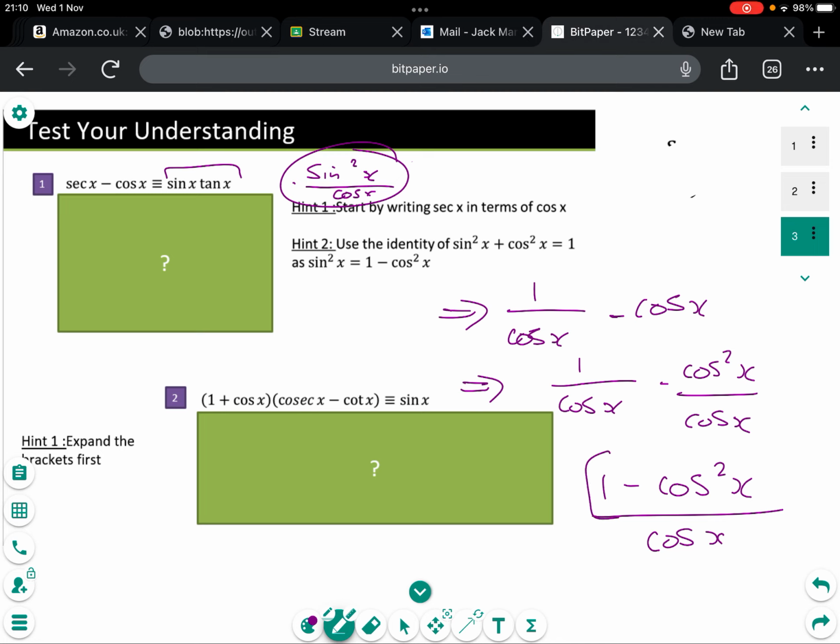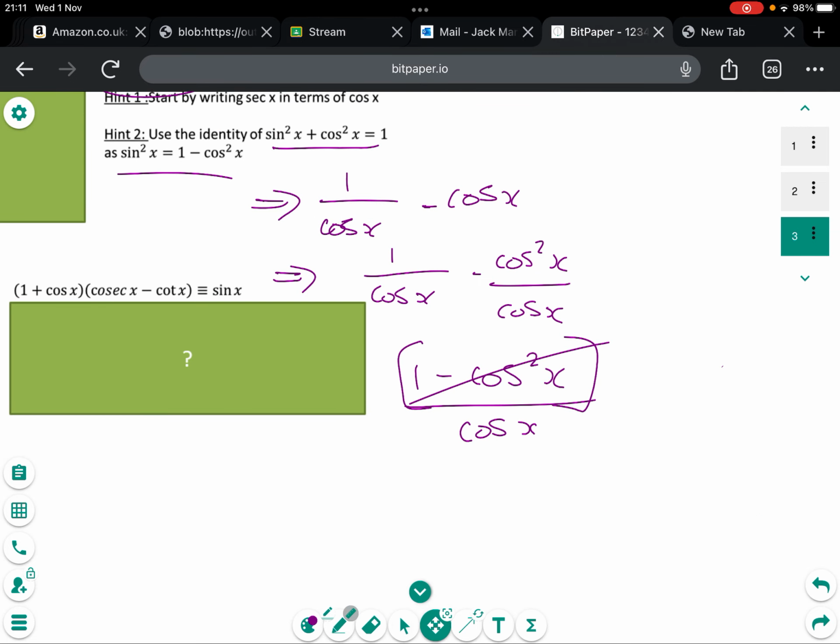So how does this bit here become sine squared? Well, it's the use of this identity, isn't it? Okay, so this is the same as sine squared x. Okay, which leads to the final result of sine x tan x.